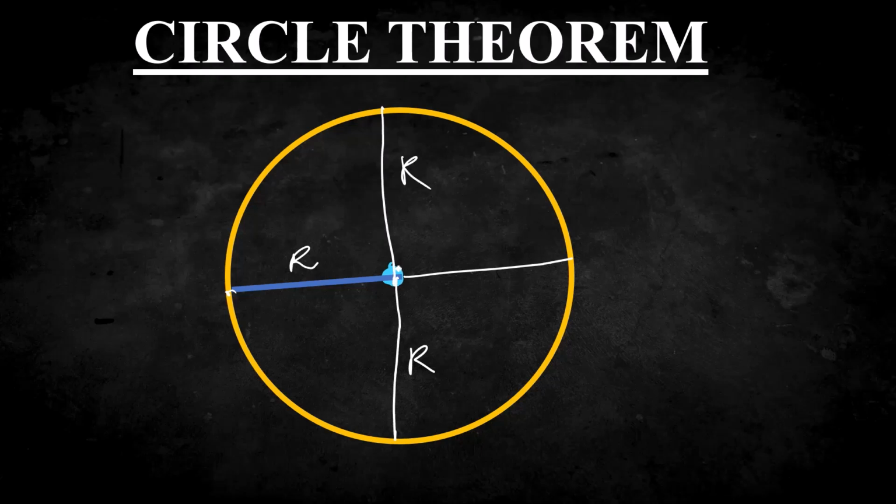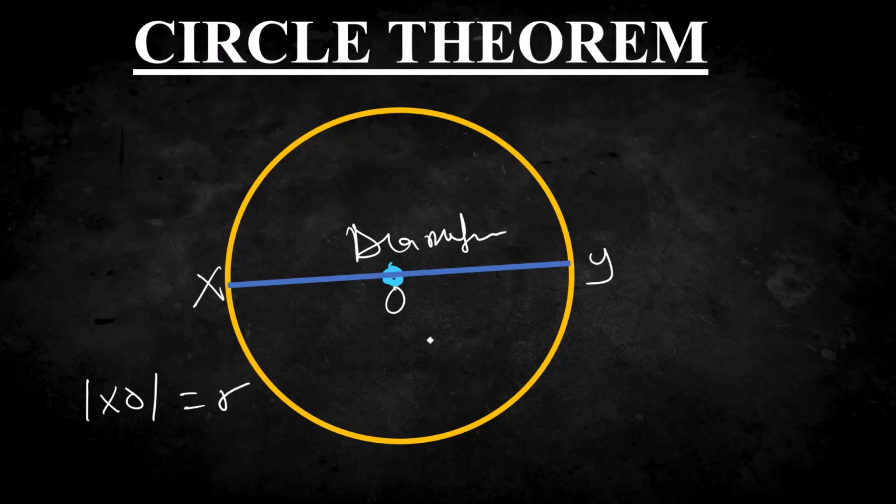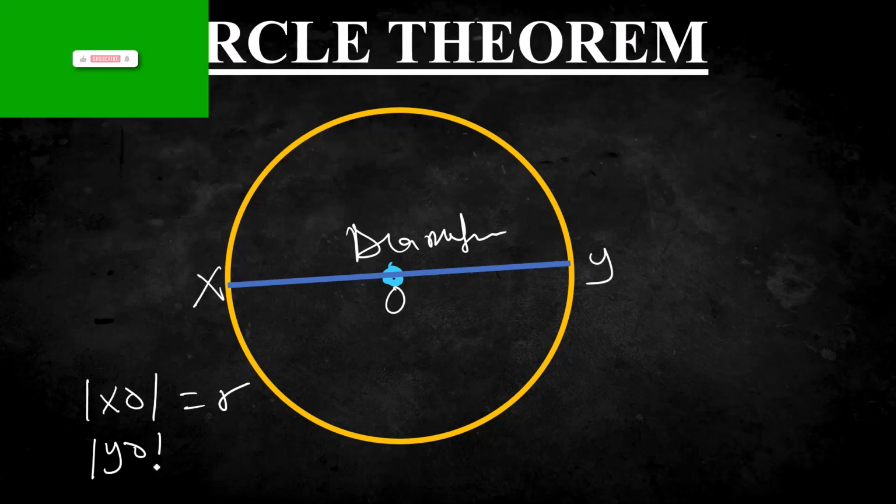So that's the radius. Now knowing the radius, we can also talk about the diameter. The diameter is the sum of the two radii. Let's call the points X, O, Y. We know line XO is a radius and line YO, or OY, is also a radius.